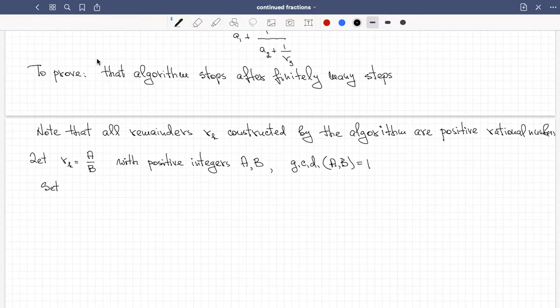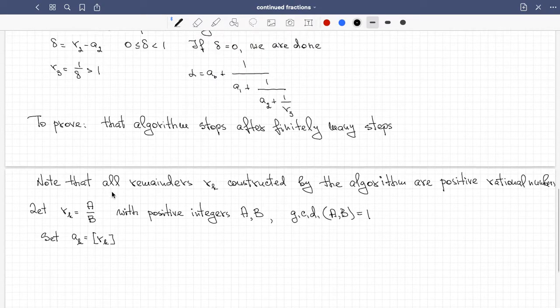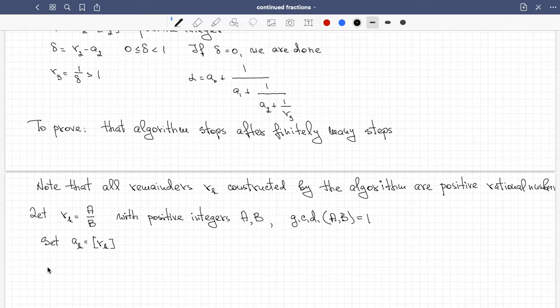So we set a_k to be the integral part of r_k. After that, what do we write? We write delta, which is r_k minus a_k.